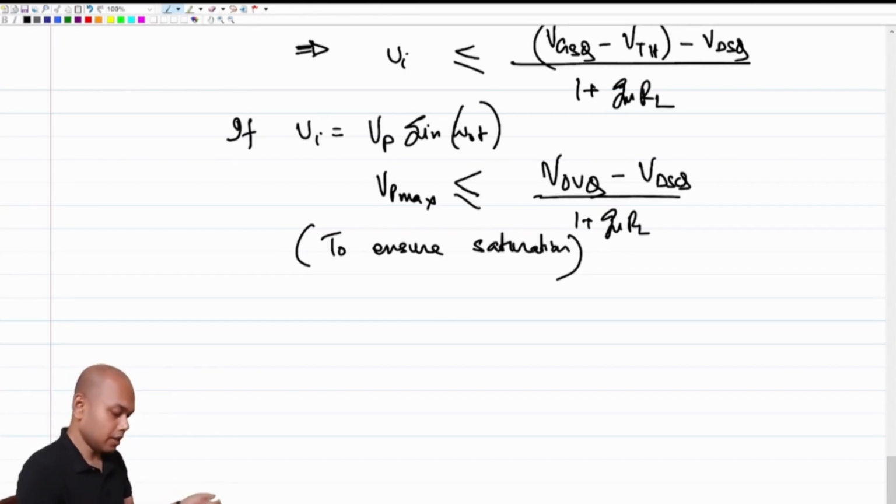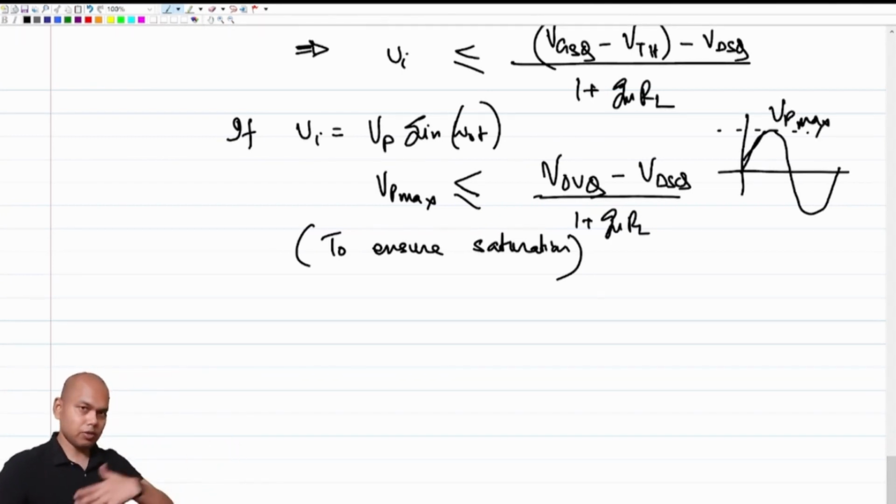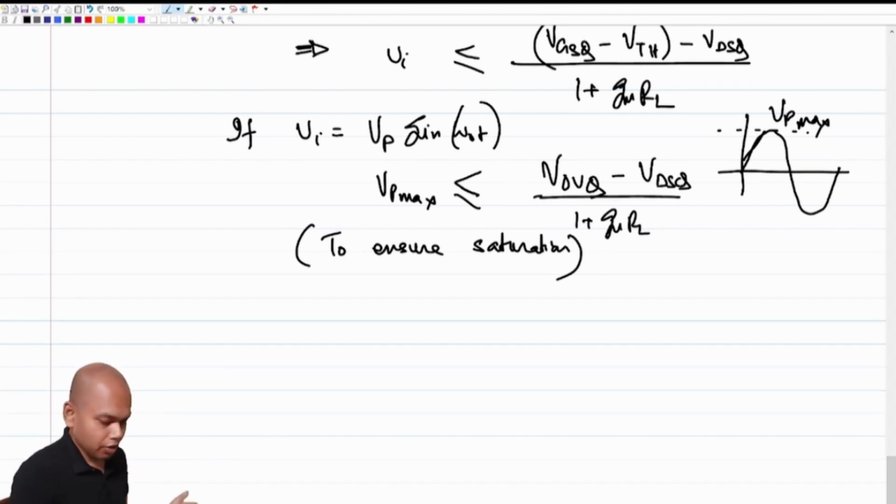So this is when Vi is here, so this is the max we are talking about. We are not talking about the bottom cycle, the negative cycle. We are only talking about the positive cycle, because the transistor can go out of saturation only in the positive cycle in case of a common source amplifier.